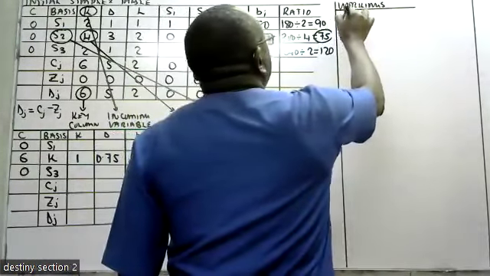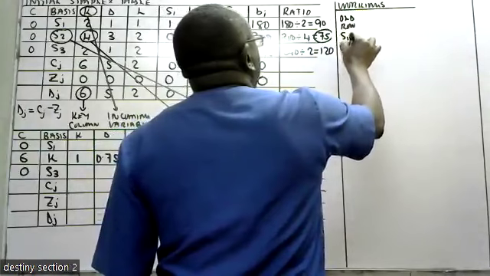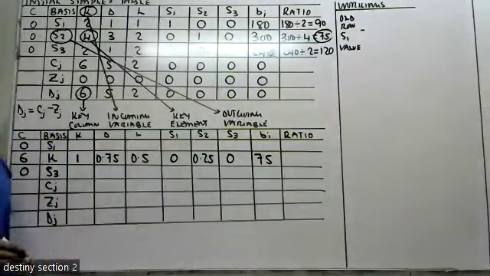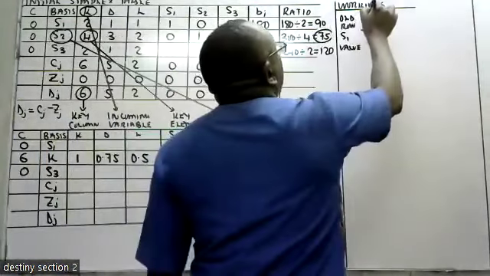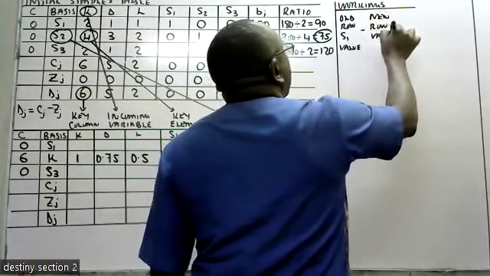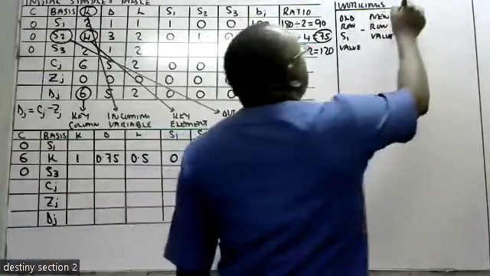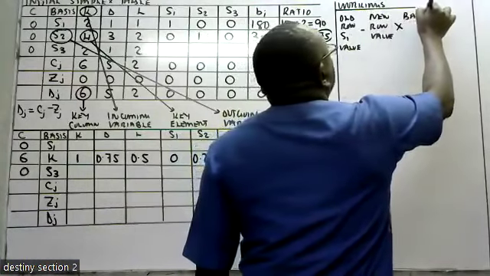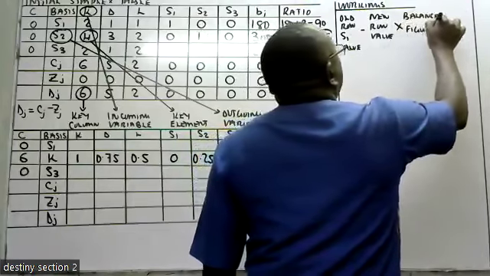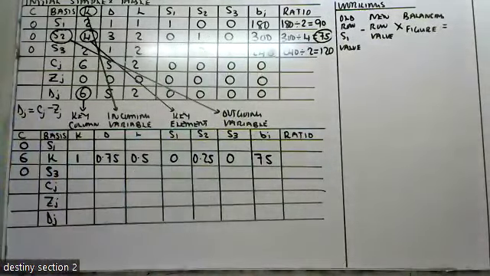It is old row S1 value minus new row value multiplied by balancing figure.